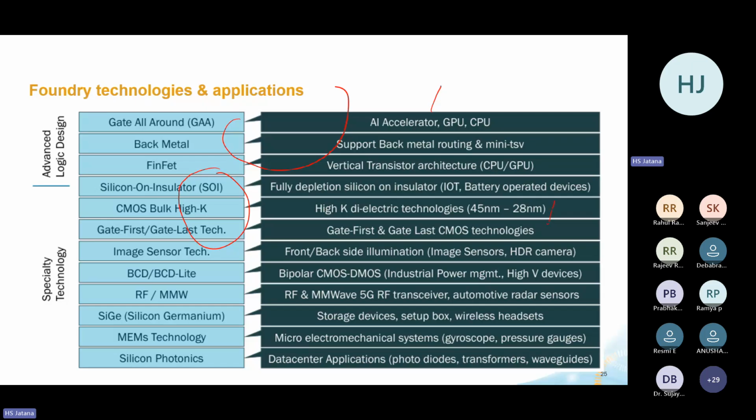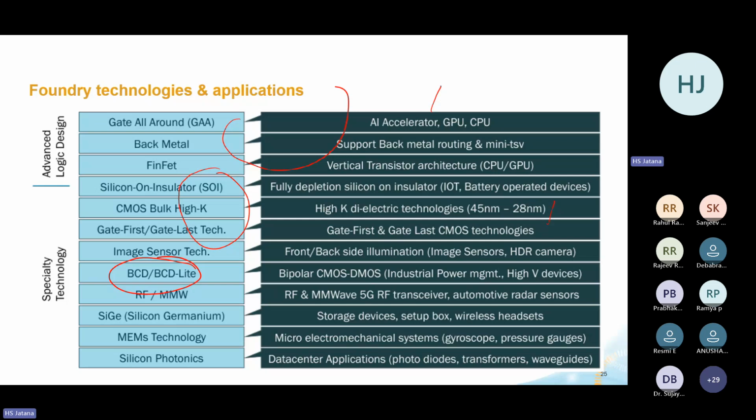For image sensing, there is the CMOS image sensor where you can do back and front side illumination. Both side illumination is possible, which is used in HDR cameras. Then there are some companies giving BCD, bipolar CMOS DMOS, where you can make very high-end voltage regulators. Power management devices you can also do, and you can put a lot of memory in that. So these kinds of things are available.